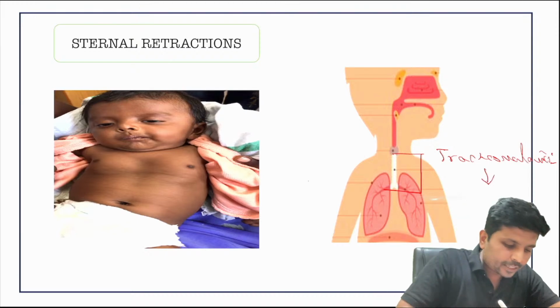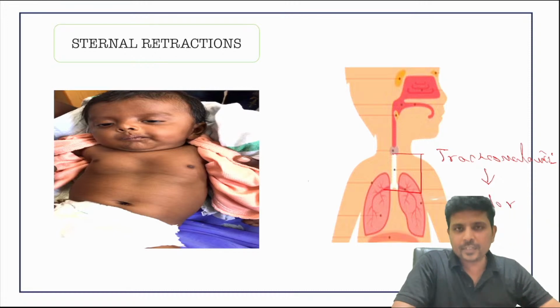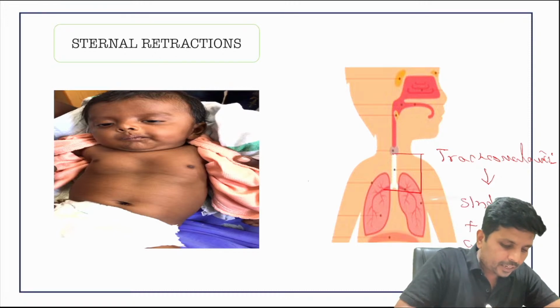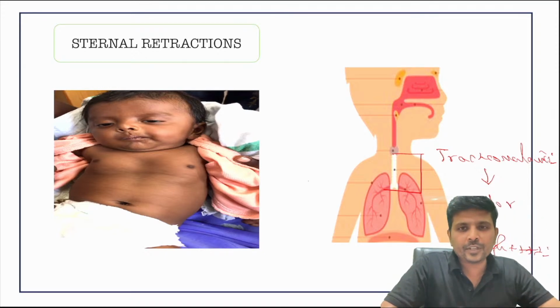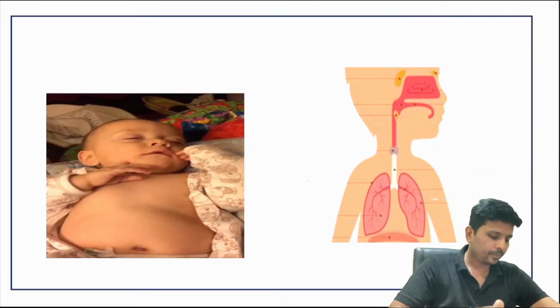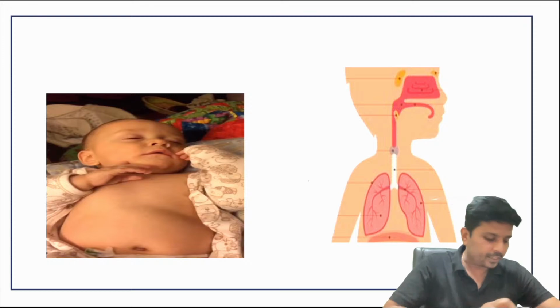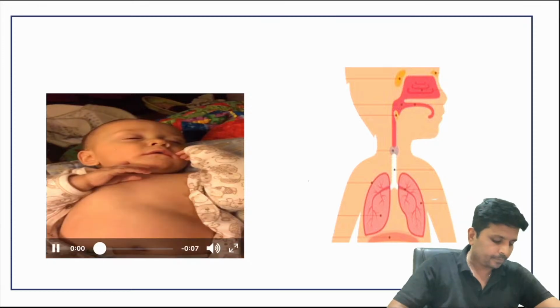So tracheomalacia is characterized by stridor since birth, along with significant cough. So this is tracheomalacia, which often manifests as sternal retractions. And then, what are these retractions? Let us see.